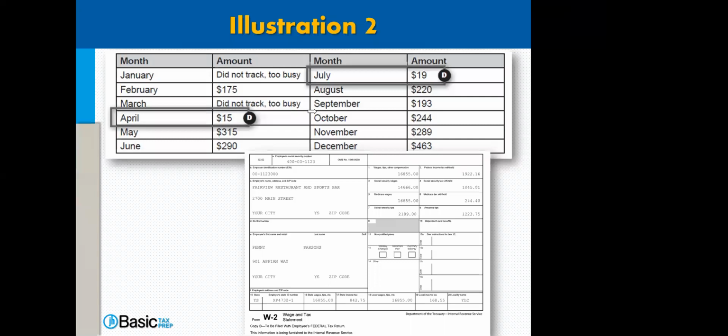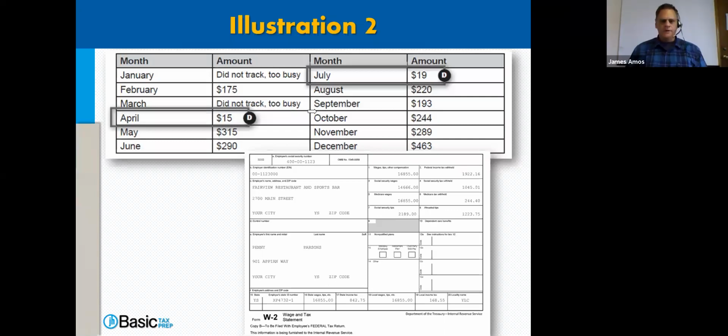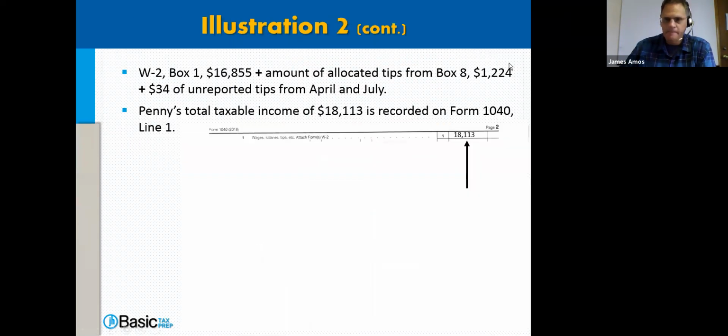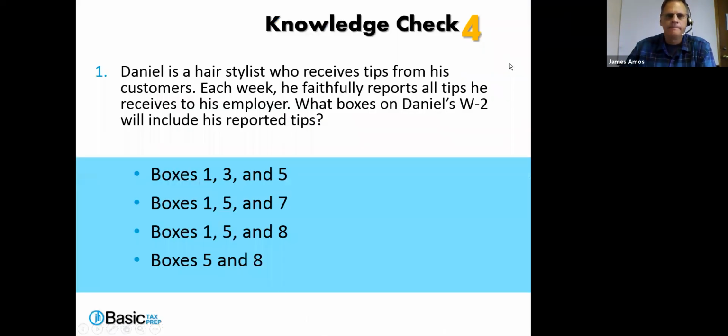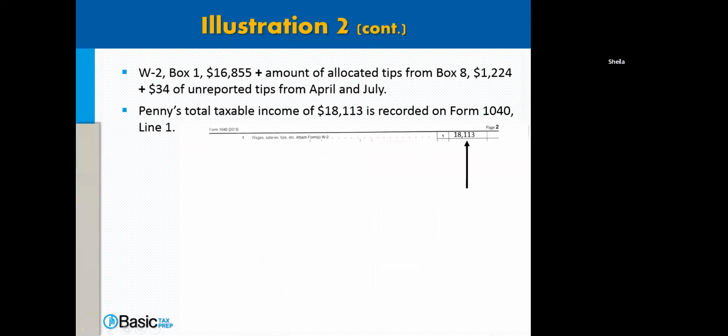So how much should have been reported to the employer? Can somebody do the math real fast? You just flipped. Sorry, guys.